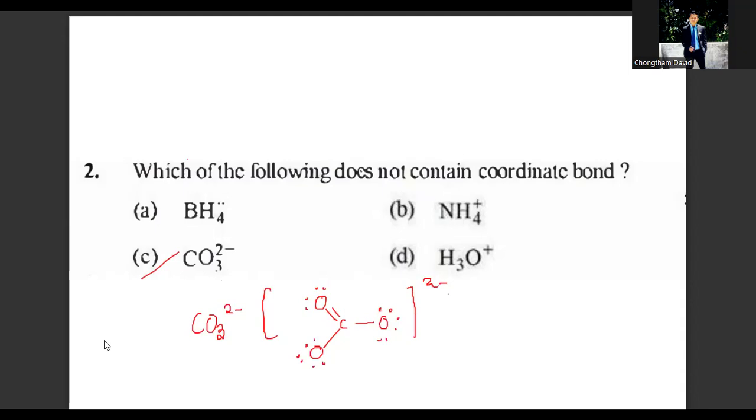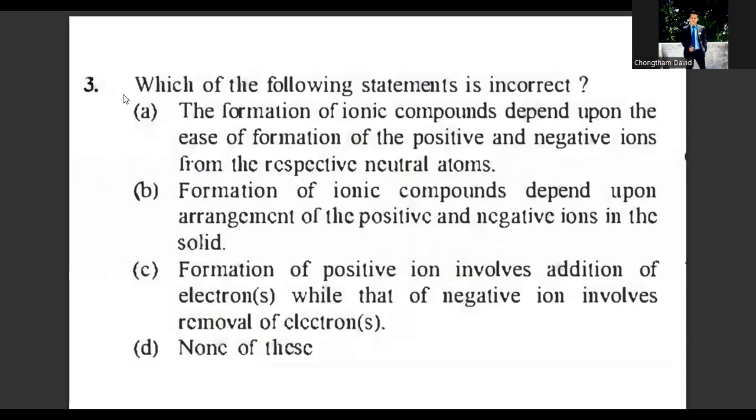Question number 3. Which of the following statements is incorrect? The formation of ionic compounds depends upon the ease of formation of the positive and negative ions from the respective neutral atoms. It depends upon the arrangement of the positive and negative ions in the solid, and formation of positive ion involves addition of electrons, while that of negative ion involves removal of electrons, and none of this.